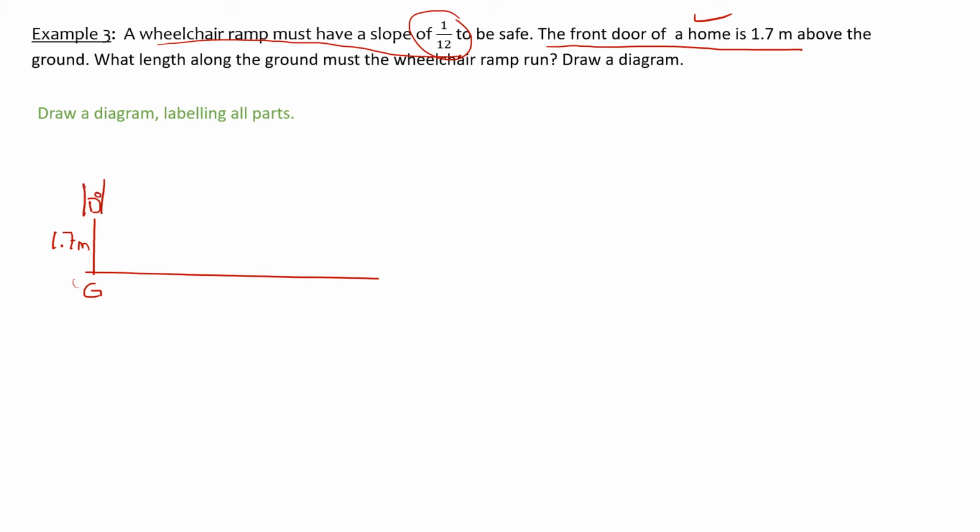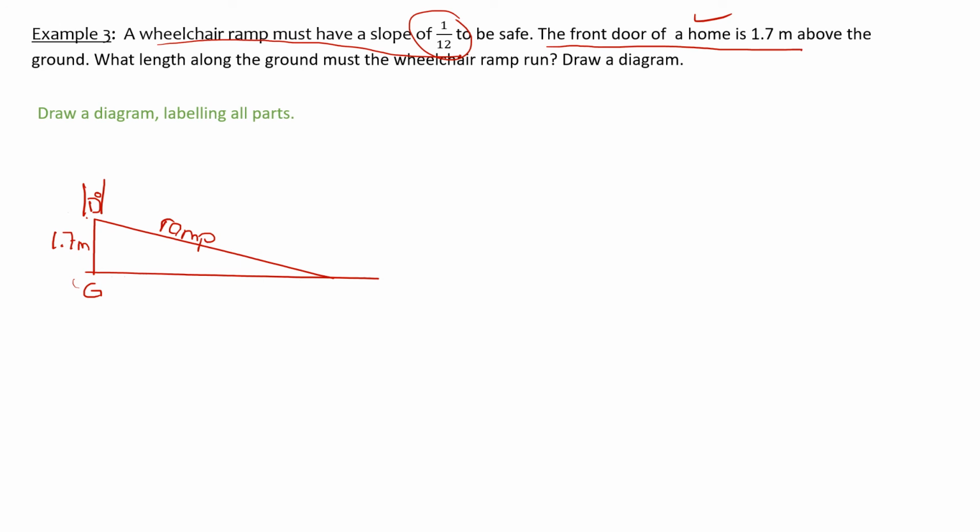There's a doorknob. We need them to get in the door, but we need a ramp to get them up there. So let's draw a hypotenuse for this triangle here, if I can. Okay, good enough. So here's our ramp. This is our ramp right here.